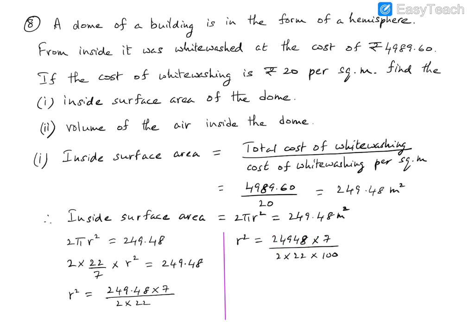Now when we perform this calculation and simplify, there is a 2 here and a 22 here, which goes into 24948. We can simplify this, and we will have the value as 3969 divided by 100. That is how we get 3969 divided by 100. Again, I'm just going to simplify it for the sake of clarity for the students.